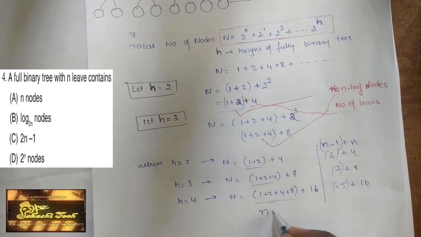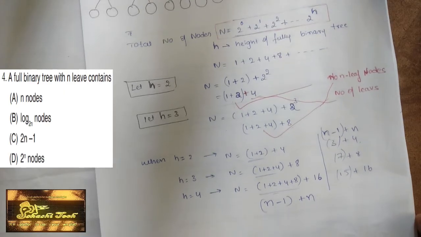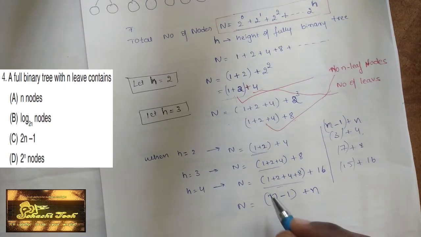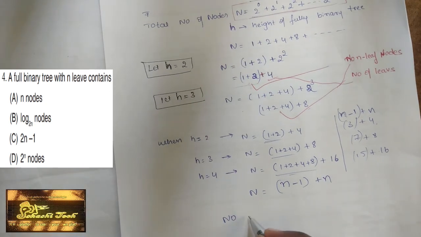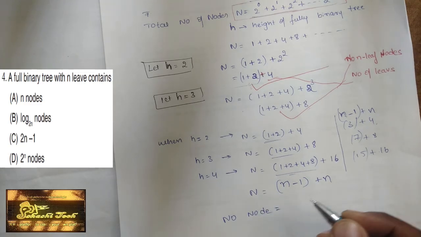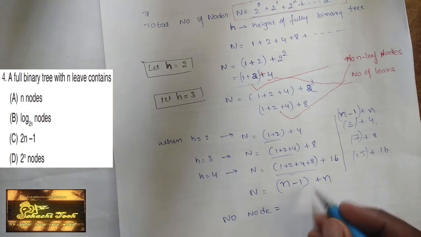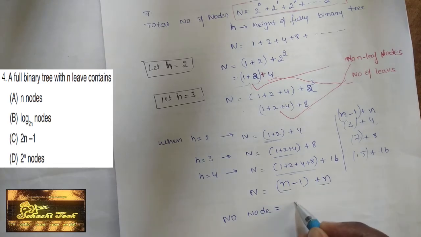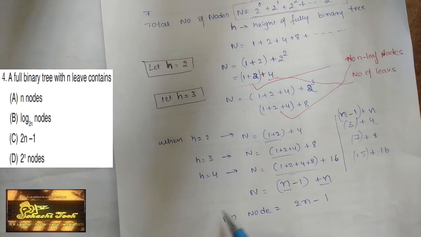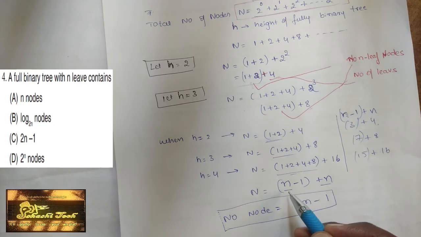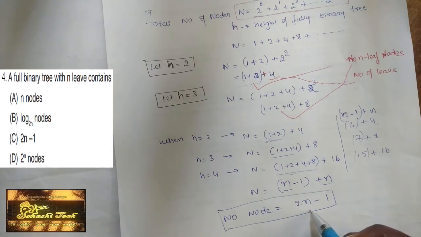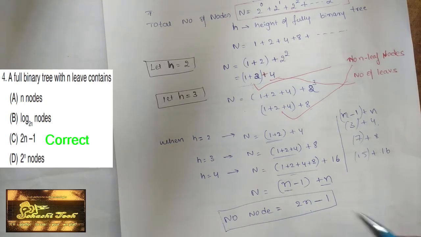So the total number of nodes for n leaves, that is this n, gives 2n minus 1. This is the required solution to our question. If we consider n leaves, we get this equation. So our option is C, 2n minus 1, which is the correct answer.